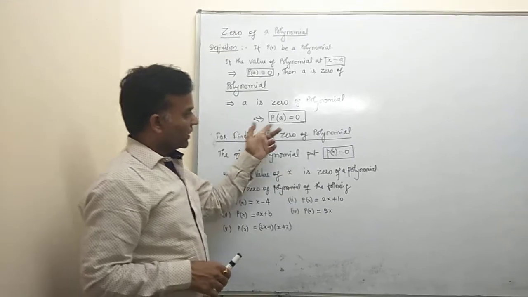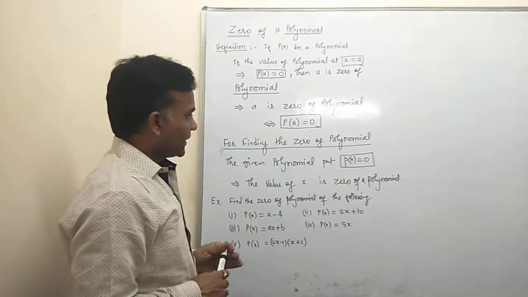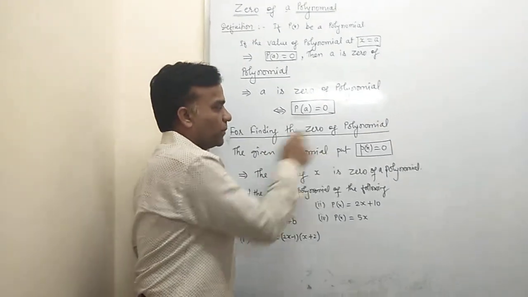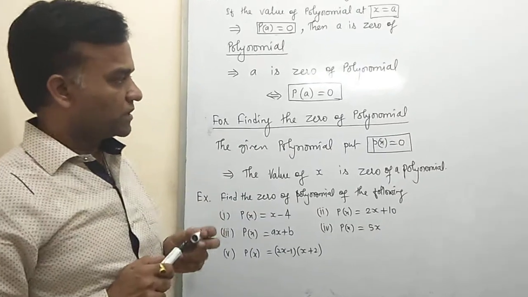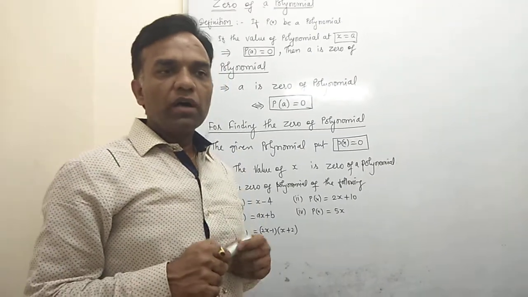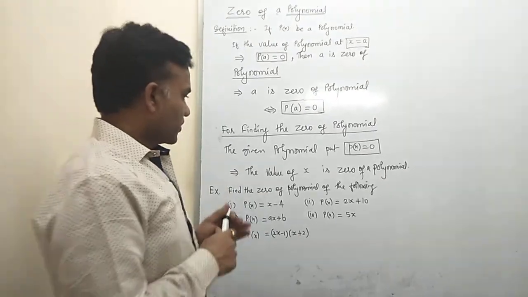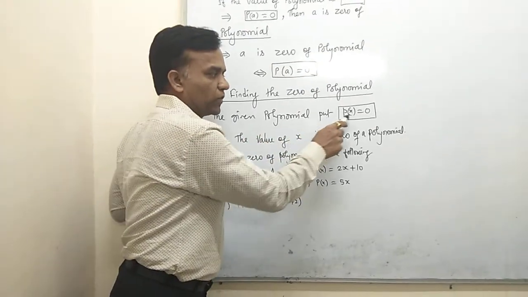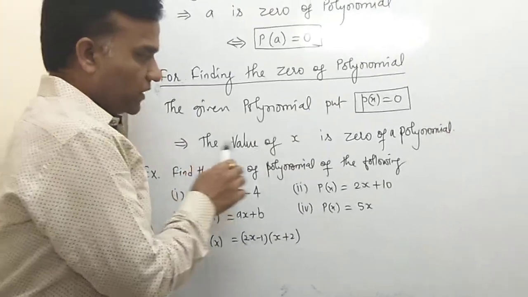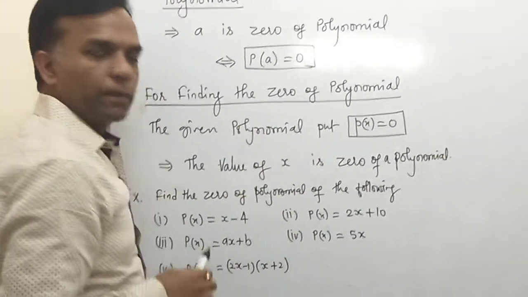Now, for finding the zeros of a polynomial, sometimes we don't know the zero, so how do we find it? In this case, for the given polynomial, put p of x equal to 0, and then the value of x is called the zero of the polynomial.